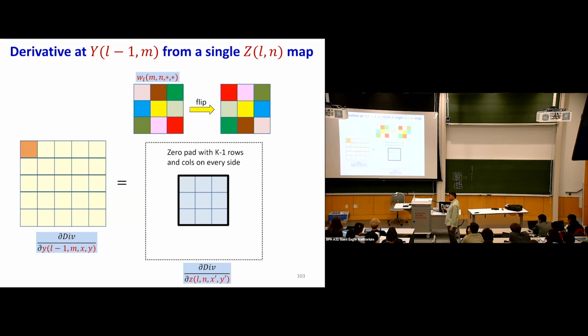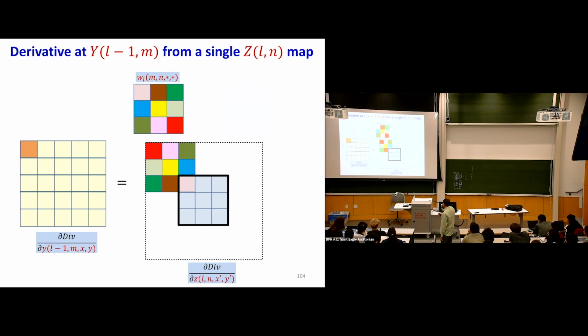To do so, I'm going to zero pad my derivative map with a certain number of zeros on every side. How many? I need to be able to position my flipped filter, the transpose filter, so that the bottom right corner sits at 0, 0 in order to compute the derivative here.